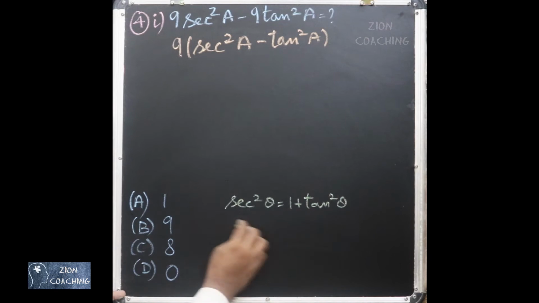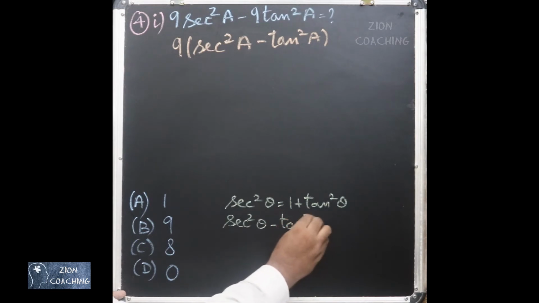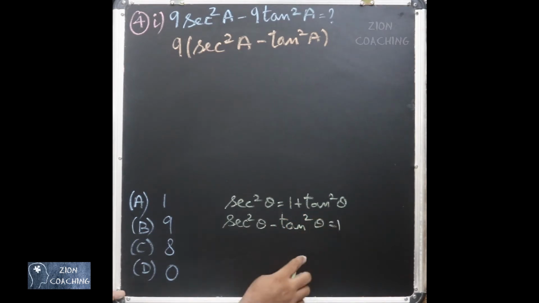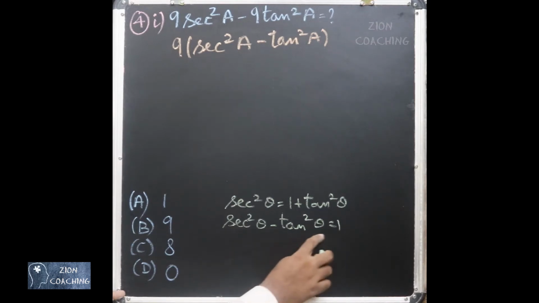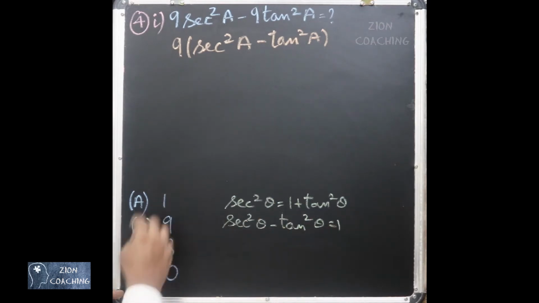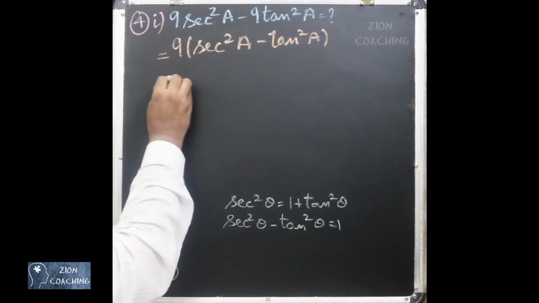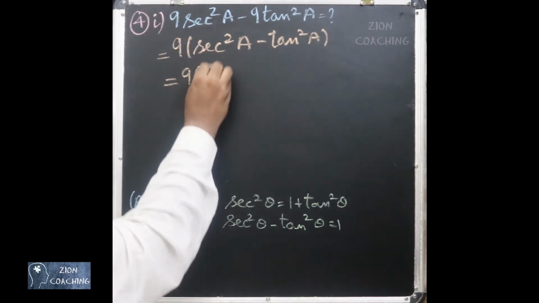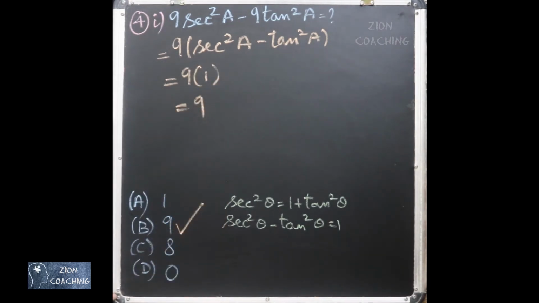When you bring tan squared theta to this side, secant squared theta minus tan squared theta equals 1. So secant squared A minus tan squared A equals 1. Now we substitute 1 there. So the answer is 9 into 1, that is equal to 9. So B is the correct answer.